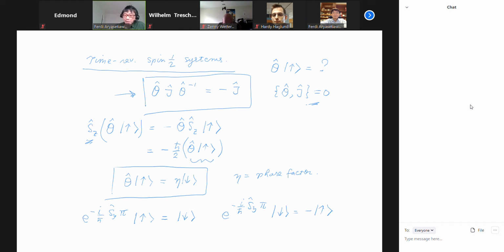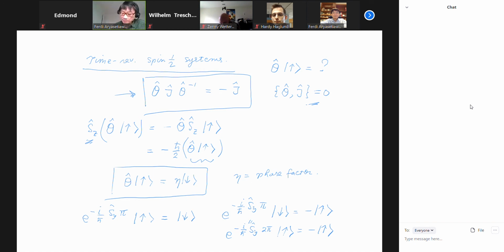You can easily check this using the explicit form of the rotation operator for the spin half. This also follows from the fact that this is just e to the minus i over h bar times 2 pi on the spin up, and that gives me minus spin up. So here we recall that when we rotate the spin state by 2 pi, the state acquires a minus sign.